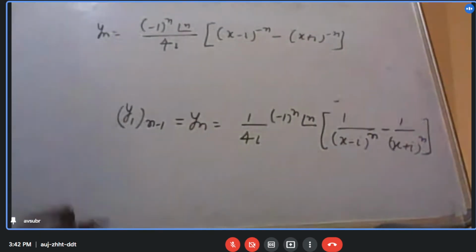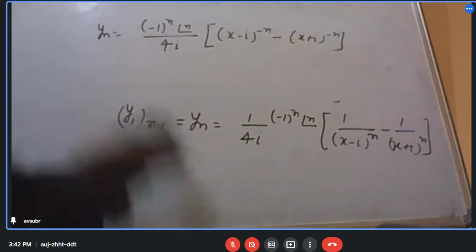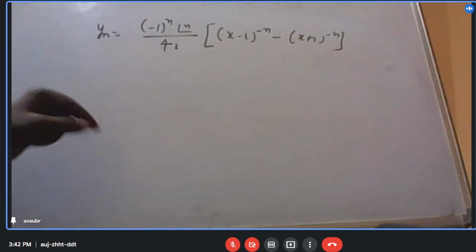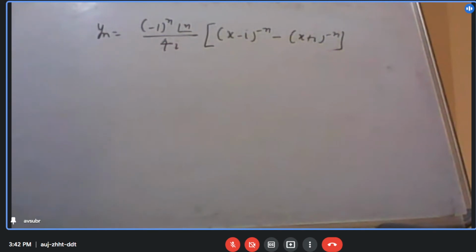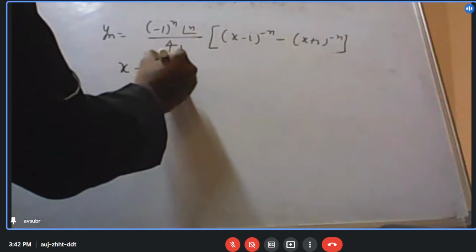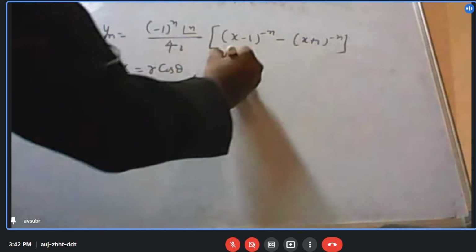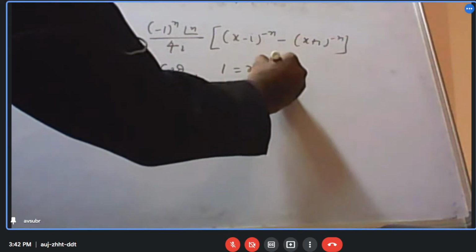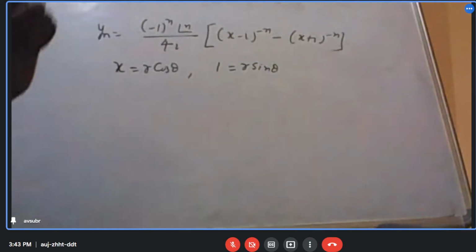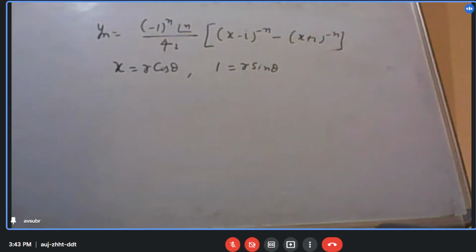I can write it in this form also. Once I have written like this, now I have solved this kind of problem before. What I will do is put x equal to r cos theta and 1 is equal to r sin theta. So x is equal to r cos theta, 1 is equal to r sin theta.